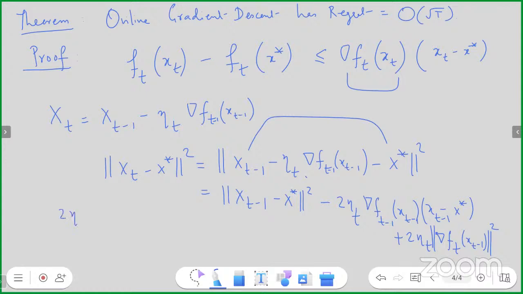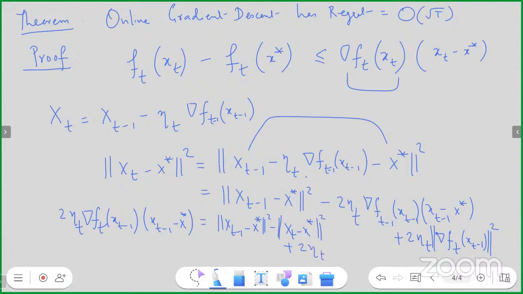So 2 eta t gradient of ft at xt minus 1 times xt minus 1 minus x star is actually an equality: it is equal to the norm of xt minus 1 minus x star squared, minus the norm of xt minus x star squared, plus eta t squared G squared, an upper bound on the gradient of all functions. That I need to know. And that's why I'm going to put an upper bound on this.